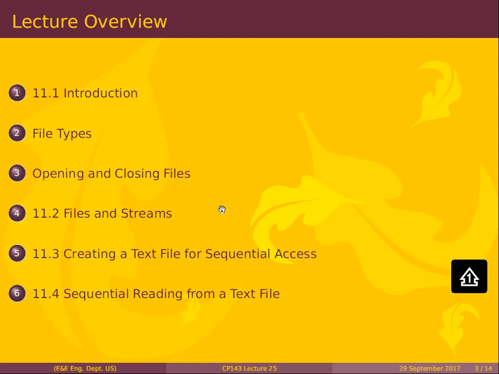Now we also showed you in the beginning that there's a secondary storage type. And that secondary storage is the hard disk, okay, the hard drive. And that is where these files reside. So if you have a lot of information, and you want to store it somewhere, that you can keep it there, even though the program stops or the power is shut down or anything like that, then you would use files.